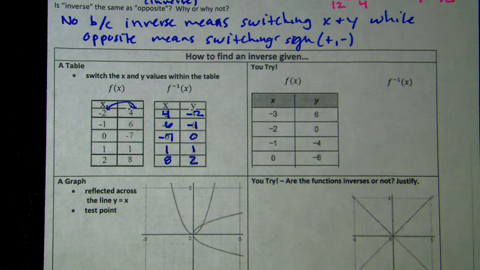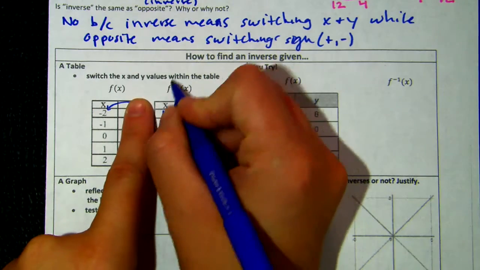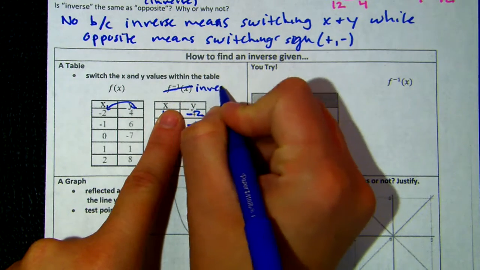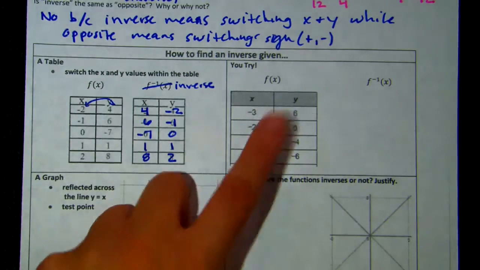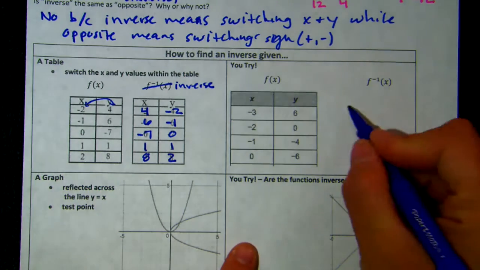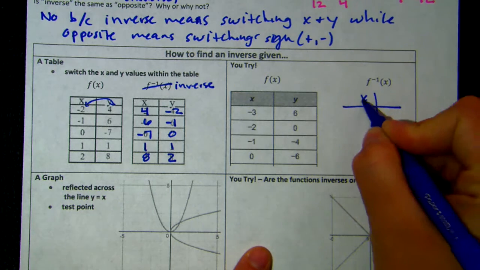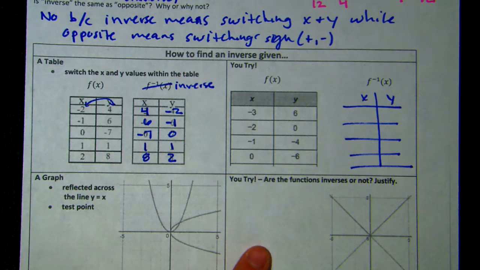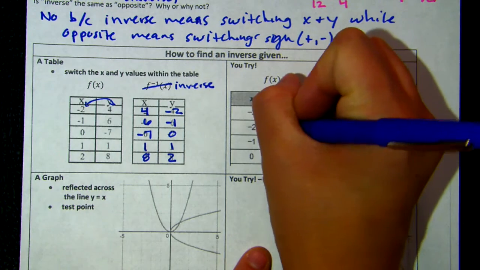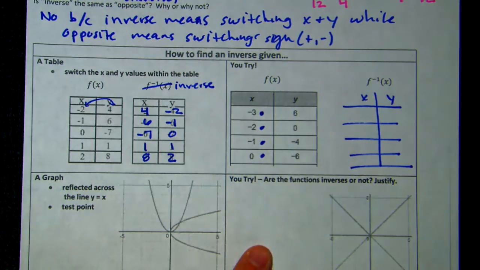Okay? So again, inverse in a table just means switching the x and y values. If this notation confuses you, cross through it and call it inverse. Okay. Now we have to generate our own table here. So I'm going to do x value, y value, draw my 4. My x values I'm going to label in blue on my original function.